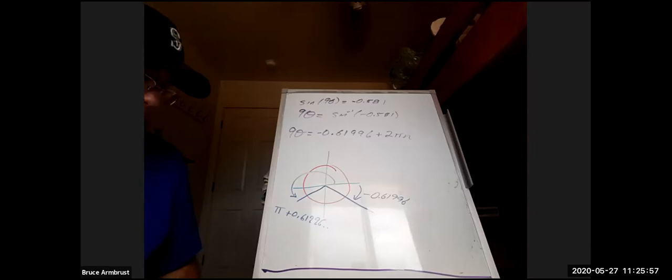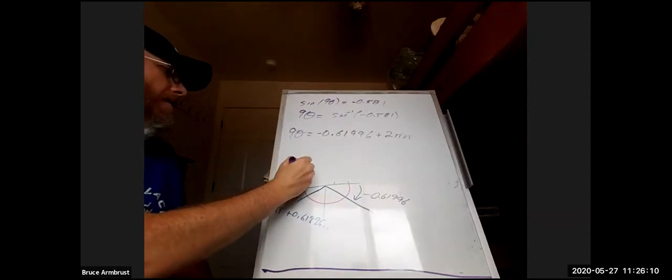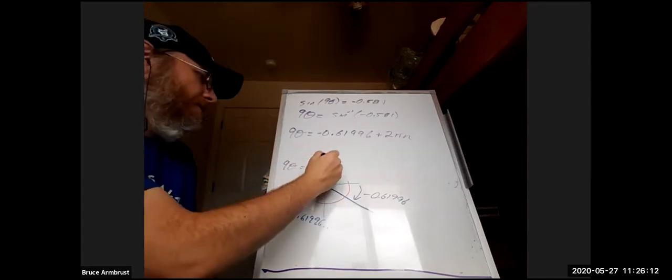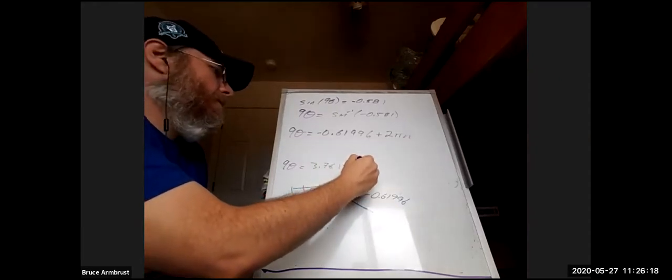So let me find out what that number is real quick. So I get 3.76155-ish. Okay, so let me just erase up here, because here's our other option, is that 9 theta can actually equal 3.76155 plus 2 pi n.